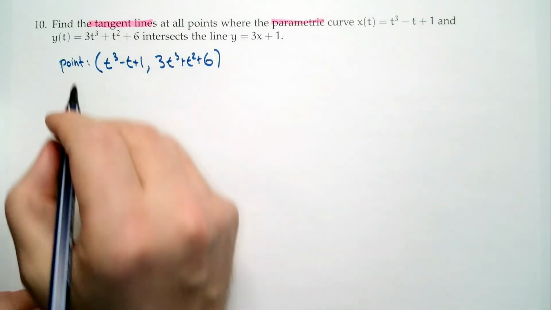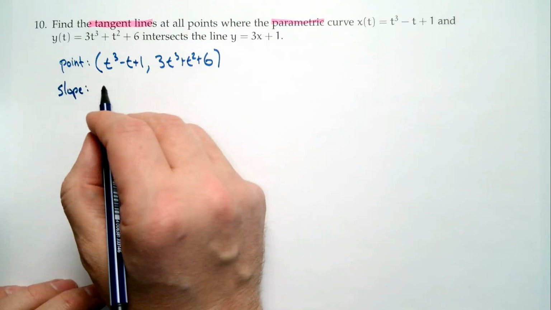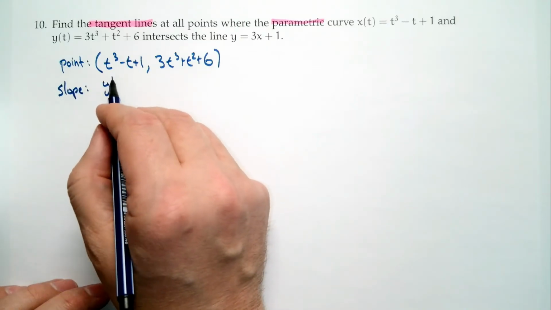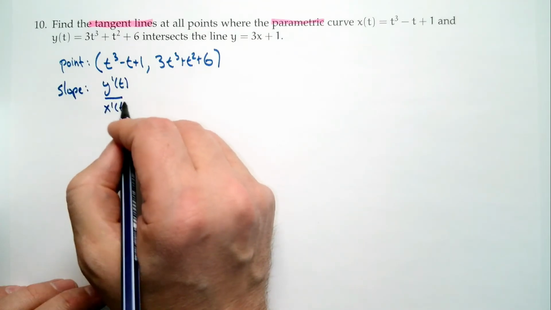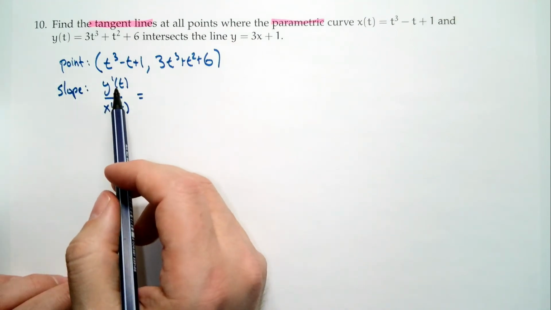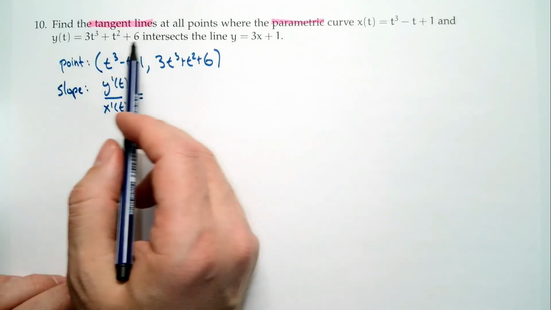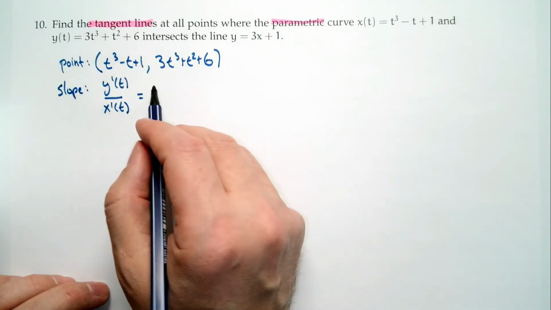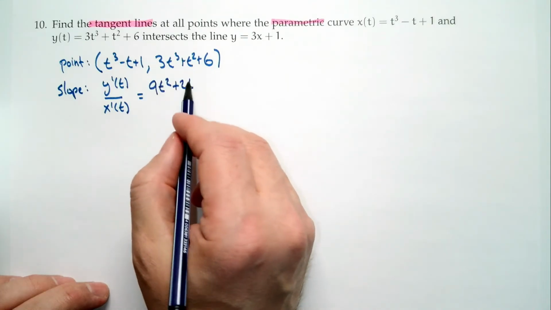You need your slope. Slope, that's your change in y over change in x. So change in y, that's y prime of t. Change in x is x prime of t. So what you do is you go through and you say, all right, what is the derivative of y? So come to y, take that derivative. What's our derivative? 9t squared plus 2t.